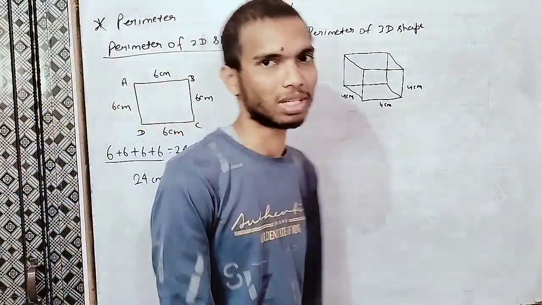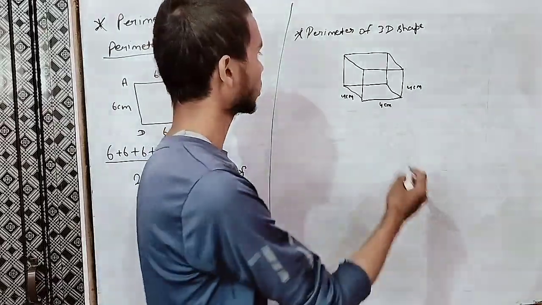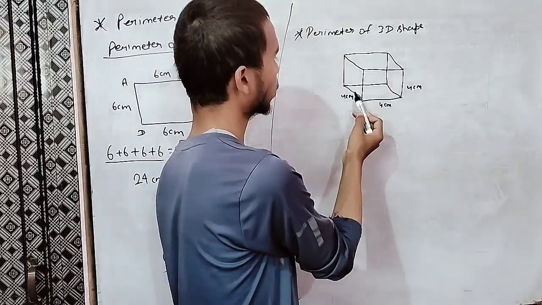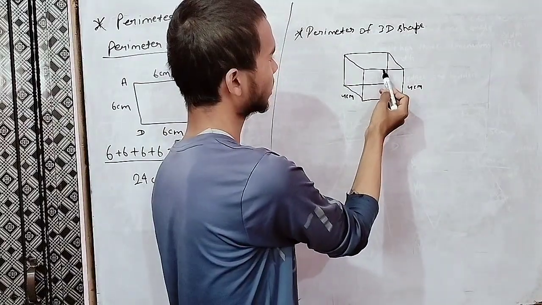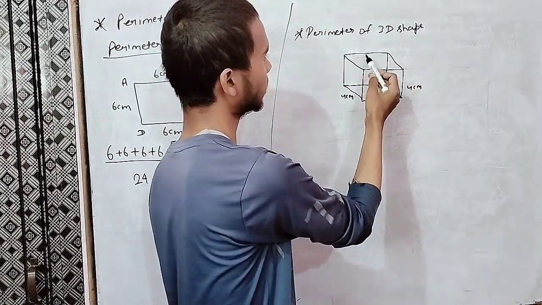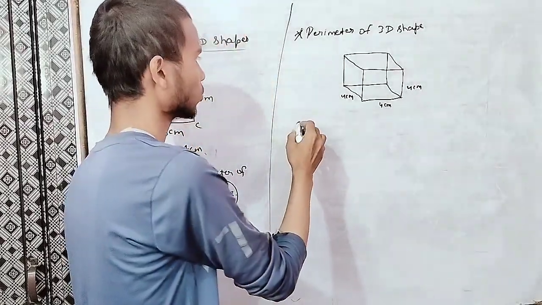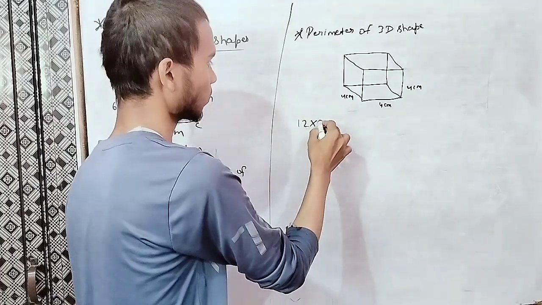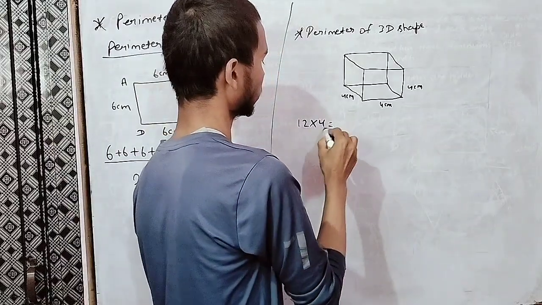How many edges do we have? 1, 2, 3, 4, 5, 6, 7, 8, 9, 10, 11, 12. So of course we will multiply 12 by 4.